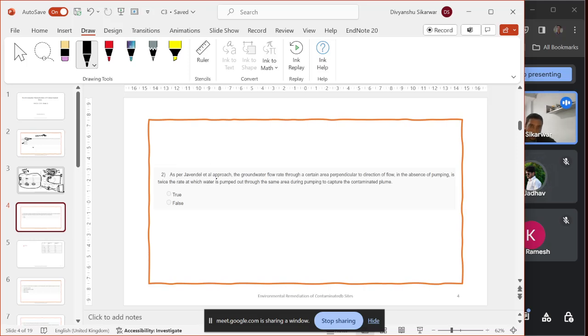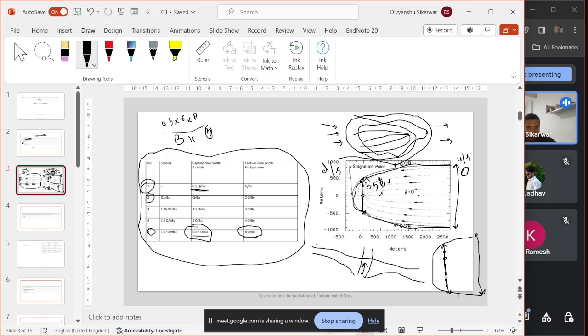Second question is on the same concept. The groundwater flow rate through a certain area perpendicular to the direction of flow. So this question is saying that let's assume this is the figure. Let me take this figure.